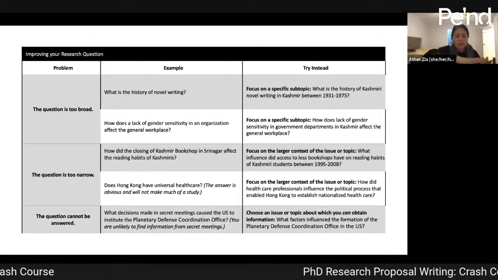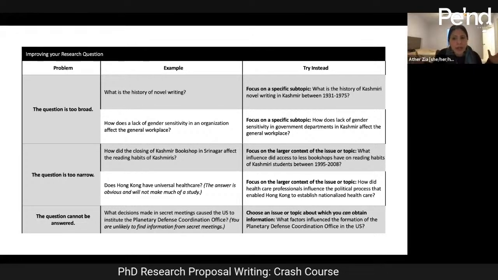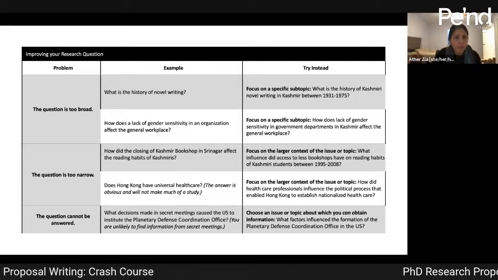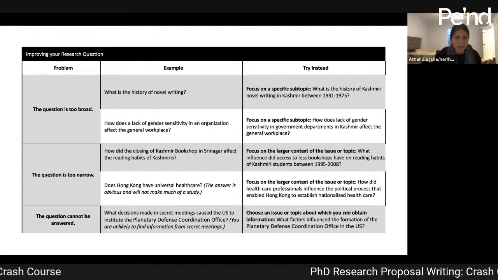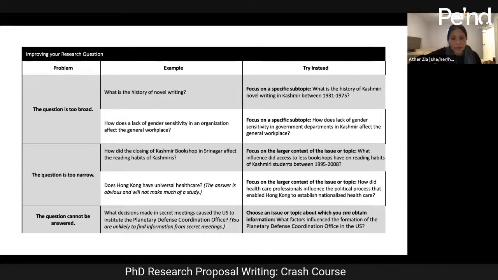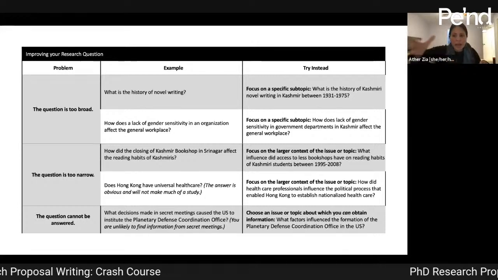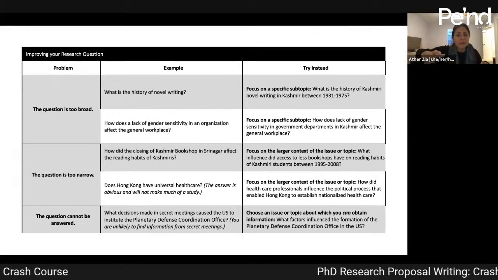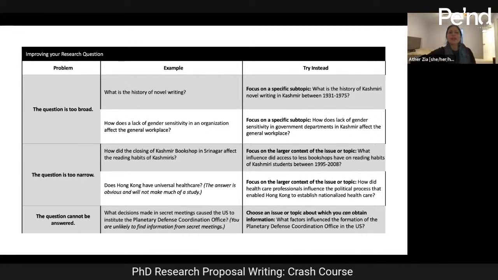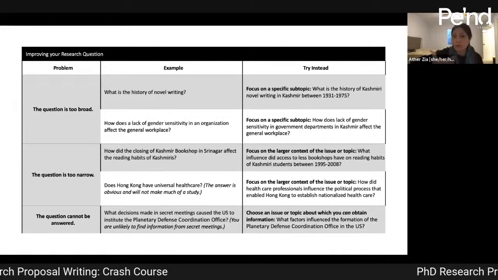For the Hong Kong question, does it have universal healthcare, you could ask, how did healthcare professionals influence the political process that enabled Hong Kong to establish nationalized healthcare? You're actually doing the same thing. I'm not saying this is a shallow way of looking at it, but now you have factors to look at, and you probably are already answering that it does have universalized, nationalized healthcare and they're doing really great.